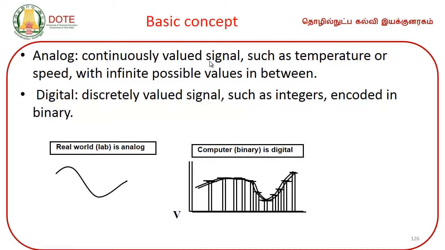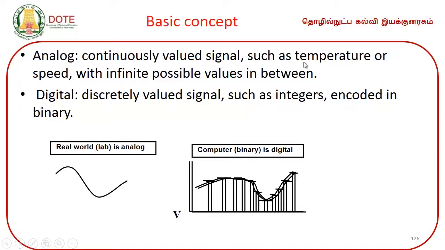A signal that changes continuously with respect to time is an analog signal. For example, in real life, almost all the quantities, all the signals we receive are analog in nature.